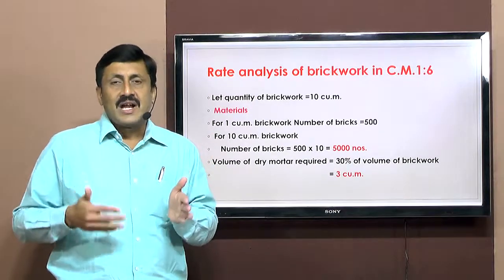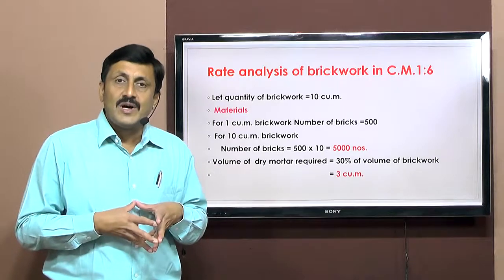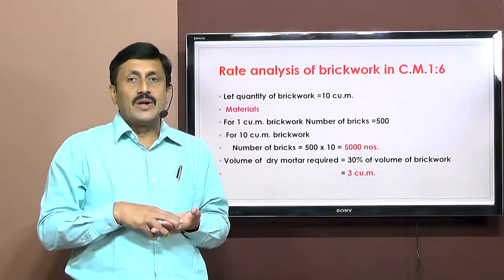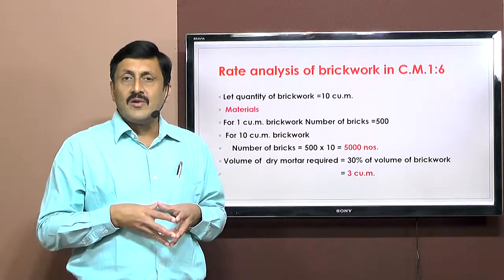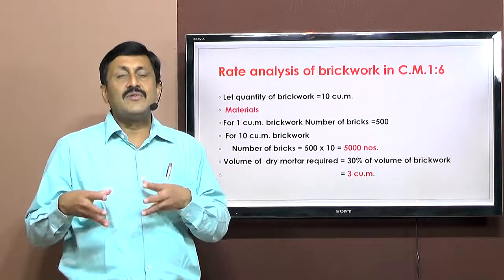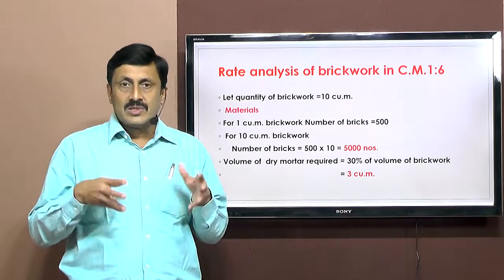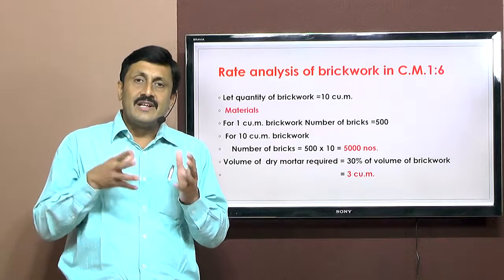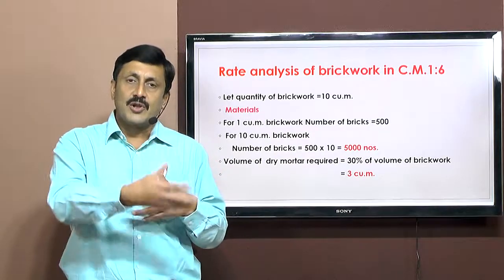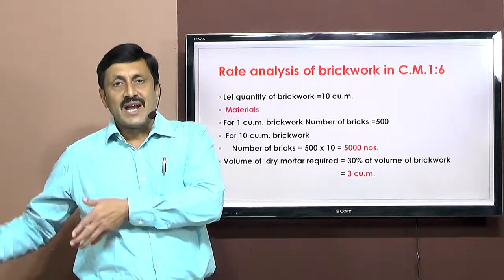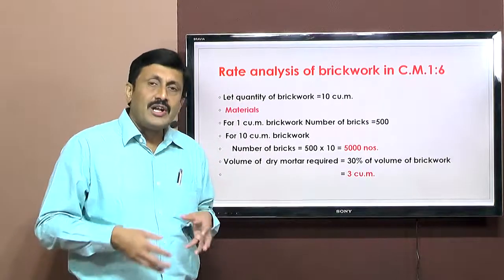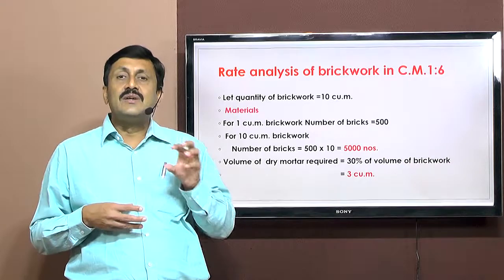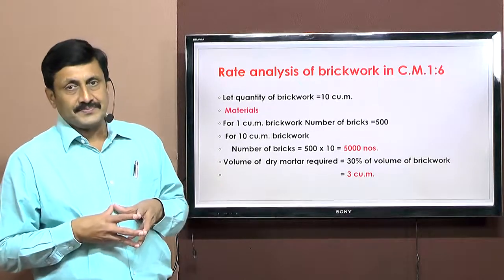This cement and sand we'll be mixing in proportion 1:6 in dry state, and after adding water into it, we'll be able to prepare wet cement mortar or wet mix of cement mortar. So we need to know what are the dry quantities of ingredients of cement mortar, that is quantity of cement we need to know, quantity of sand we need to know. So this quantity of dry cement mortar is always equal to 30% of volume of brickwork.